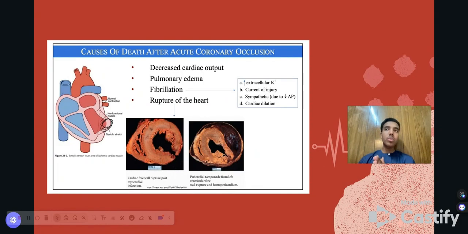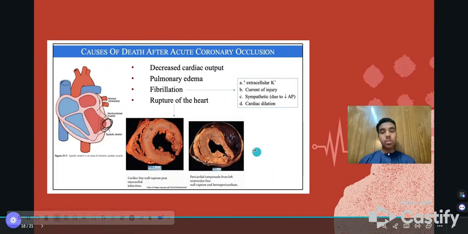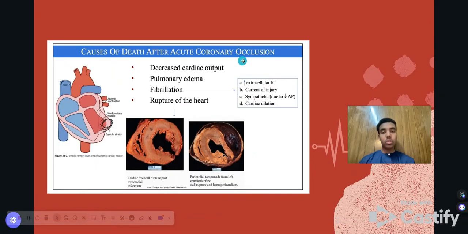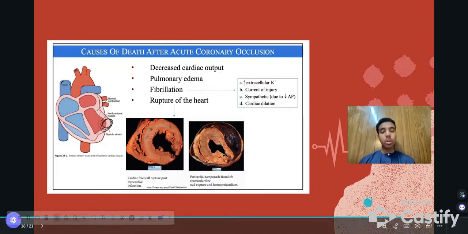When you have fibrosis, that place is dead. With increased blood pressure, that place is going to rupture, and that is what happens after acute coronary occlusion. You're going to have decreased cardiac output, pulmonary edema, fibrillation, and rupture of the heart.